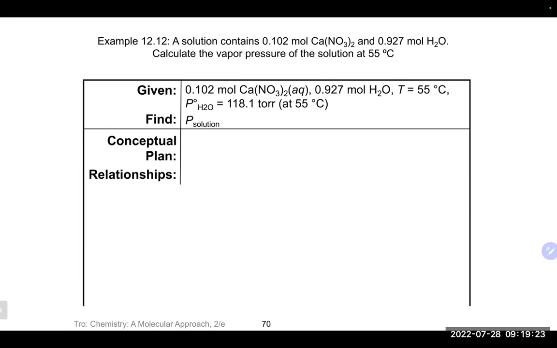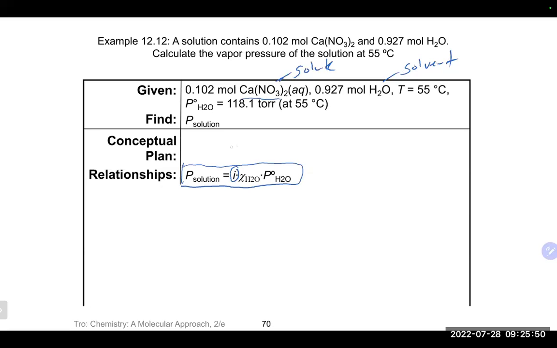Look at this one. So this is our vapor pressure lowering. So Raoult's law here. Again, we're going to incorporate the i into here because calcium nitrate is our solute, and this is our solvent in this case.